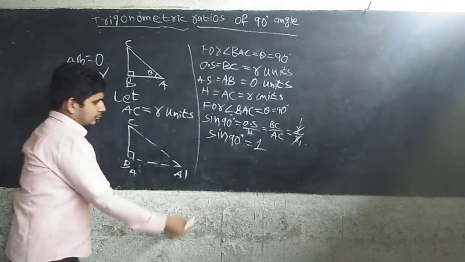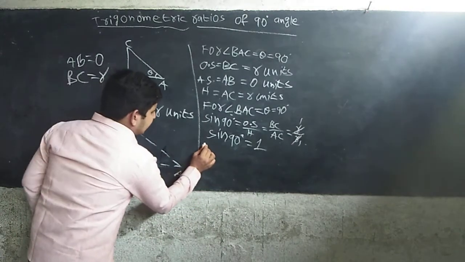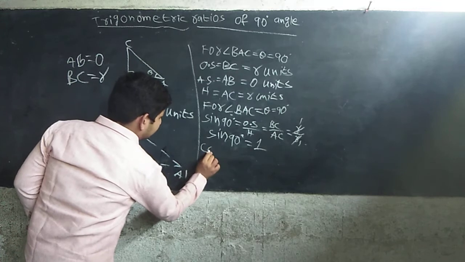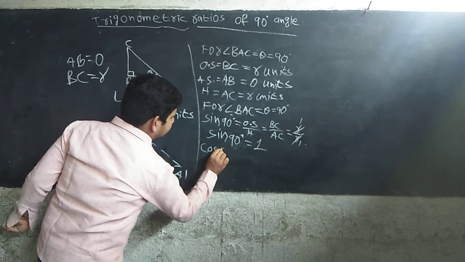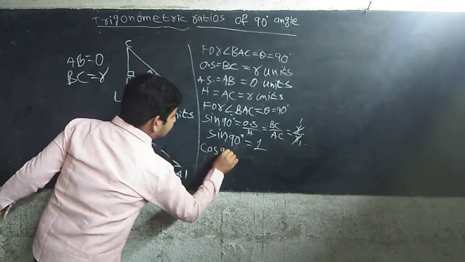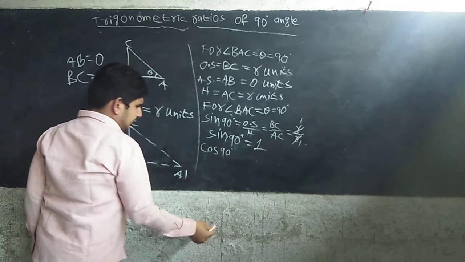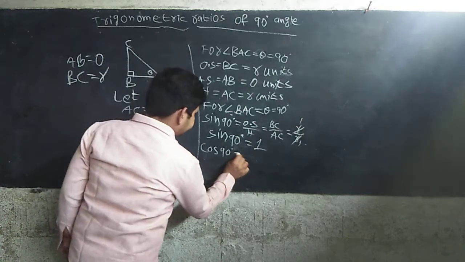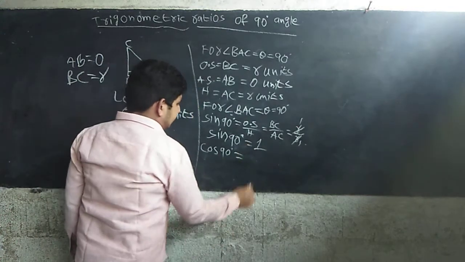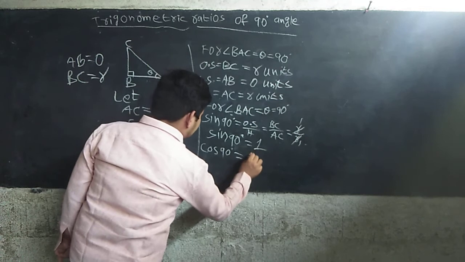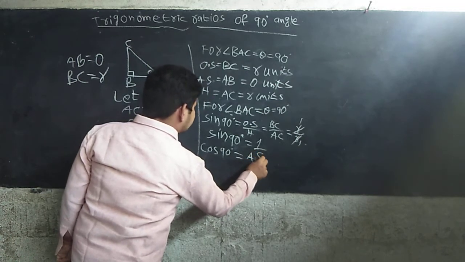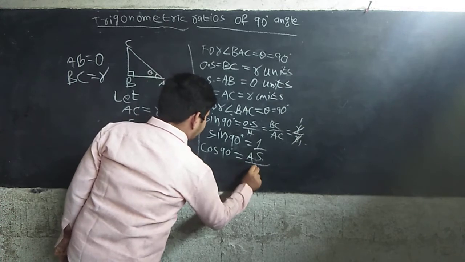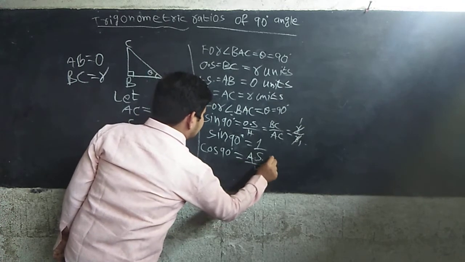Next, cos 90 degrees is equal to adjacent side by hypotenuse.